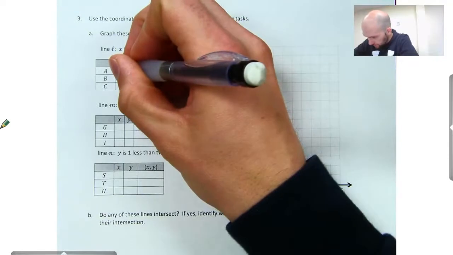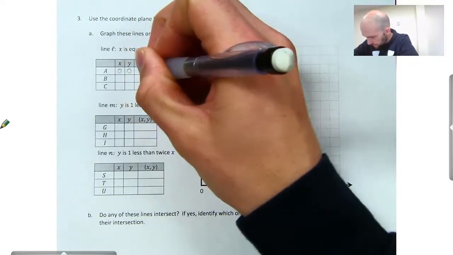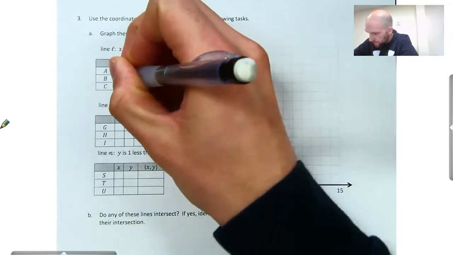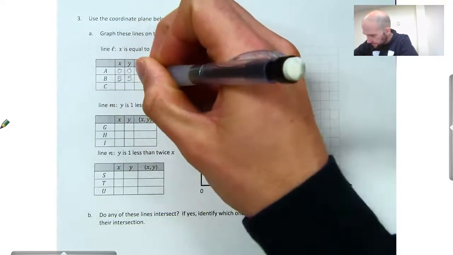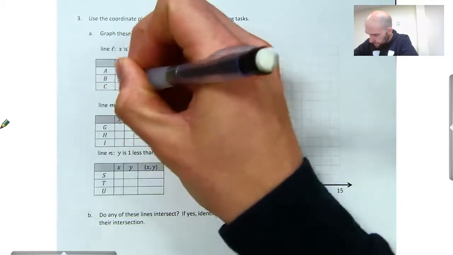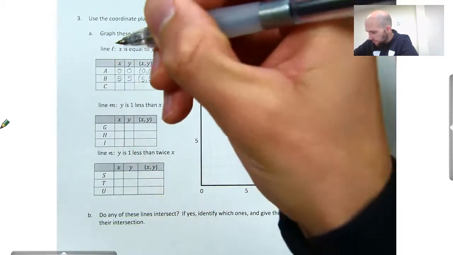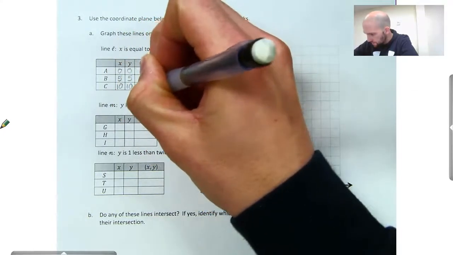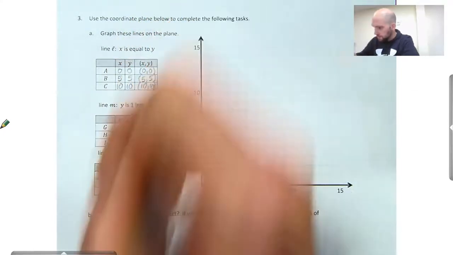So we could do 0, 0, which would be 0, 0 as an ordered pair, 5, 5, or we could do 10, 10. Keep it nice and simple.